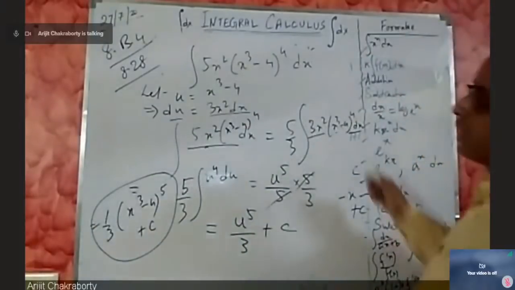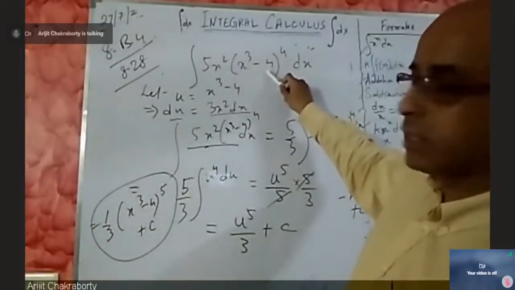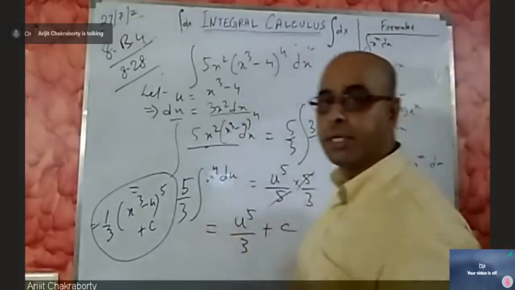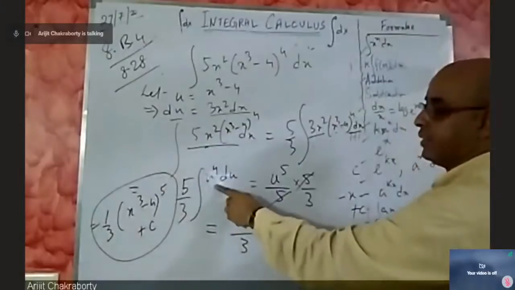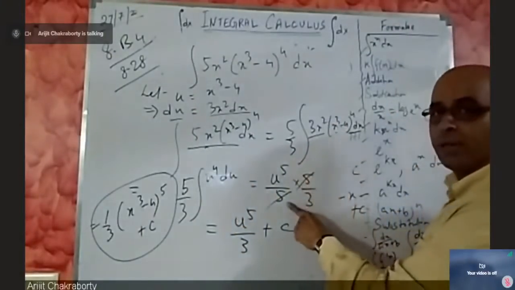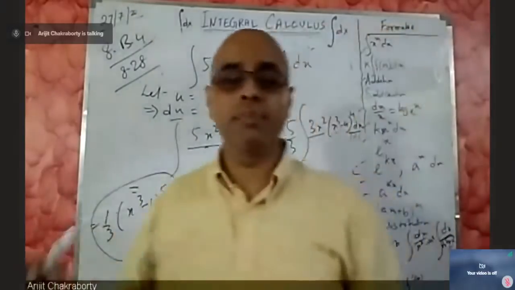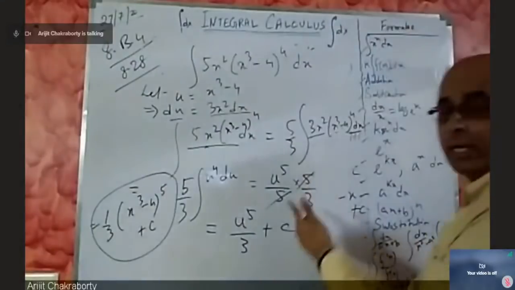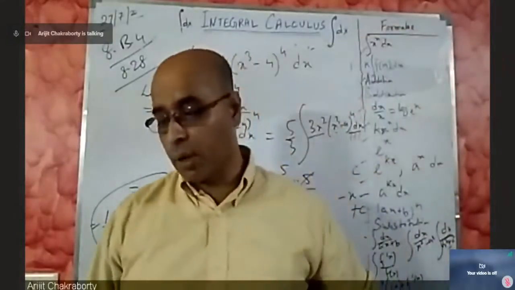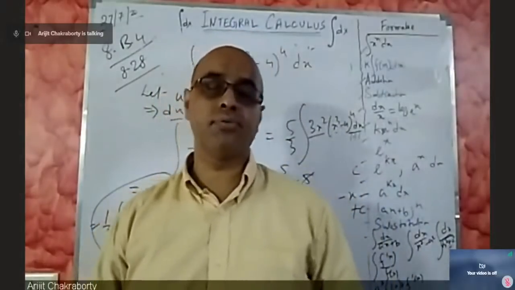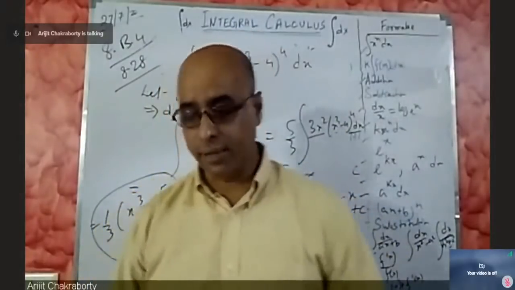Here what we have done is, if you take x cube minus 4 as u, then 3x square dx becomes du, so it becomes u to the power 4 du, which integrates to u to the power 5 by 5. This is an example of substitution, as well as using the differential coefficient. So for solving this type of problems, we also need a good idea about the concept of differentiation, that is finding the derivative.